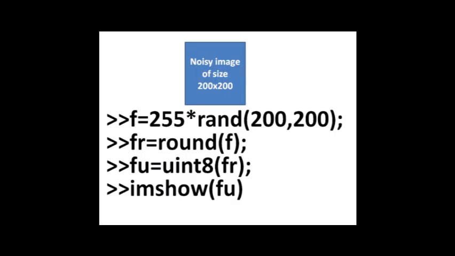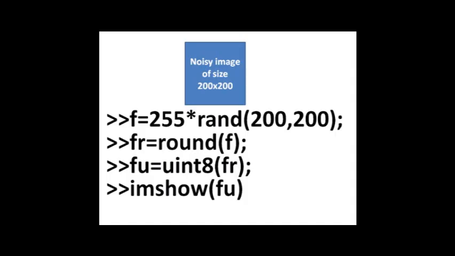But the fact of the matter is the return is going to be in decimal. For storage reasons we need integers. So we have to convert the decimal to the nearest integer by the command round. So round of f is going to return the value from decimal to nearest integer, which we assign to the workspace variable fr.